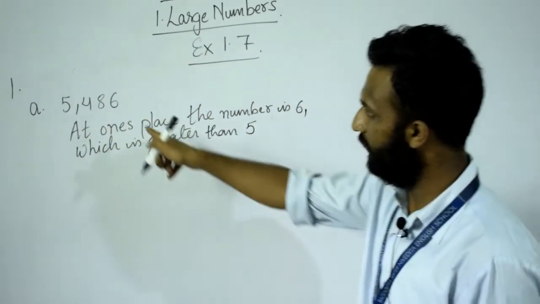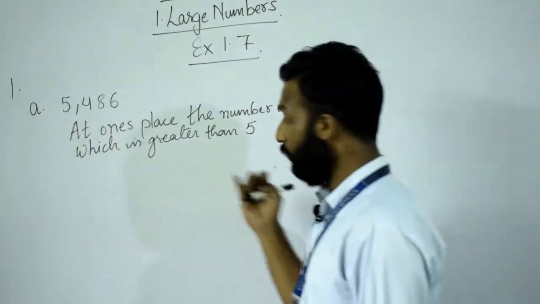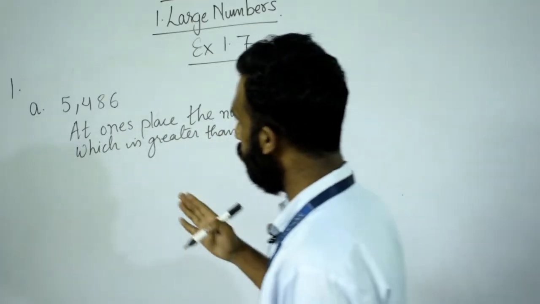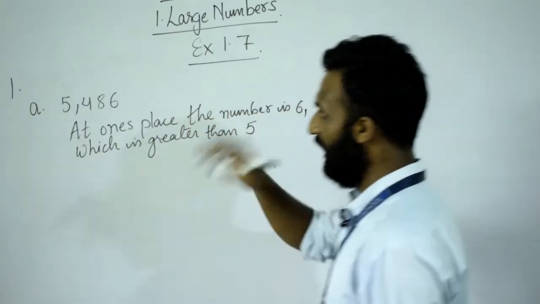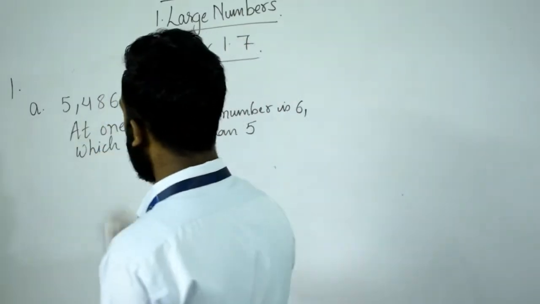What I told you is, if it is equal to 5 or greater than 5, we change the ones place digit to 0, and we add 1 to the tens place.